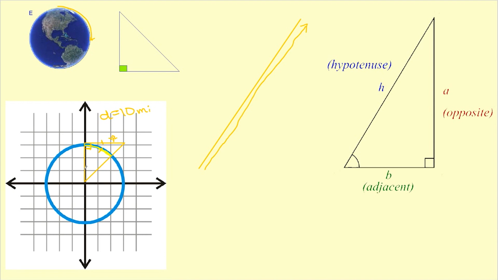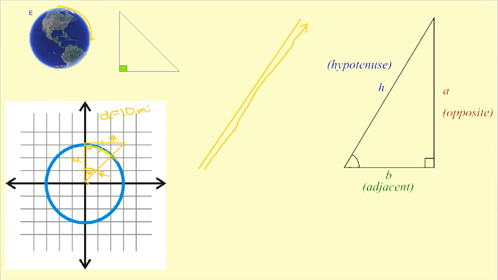Let's talk about this angle down here. This angle, let's just call him theta. Let's call this side A. What did we call this, from here to here? Radius.